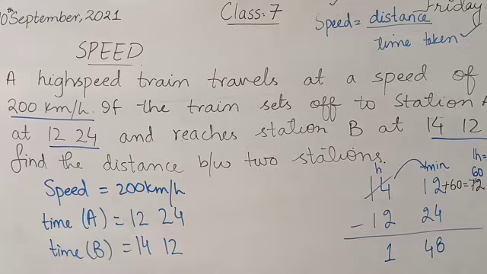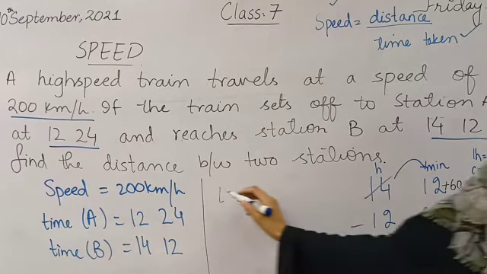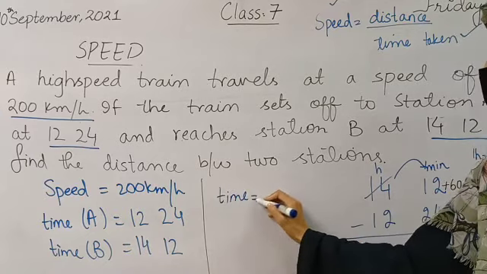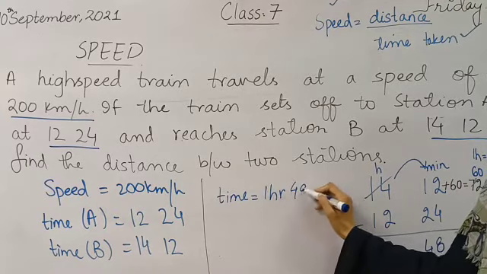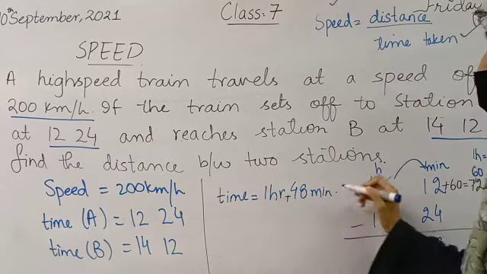Okay? Now we have time which is 1 hour and 48 minutes. Okay? And we want the time in hours or in minutes. So we'll convert these minutes into hours. This is 1 hour plus 48 minutes.